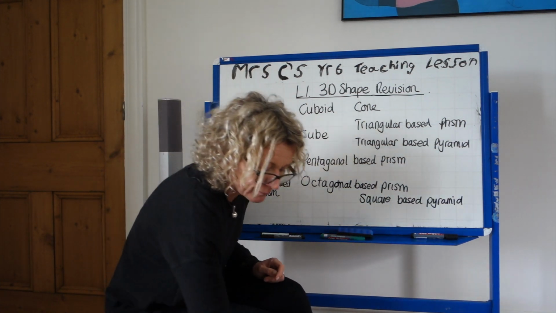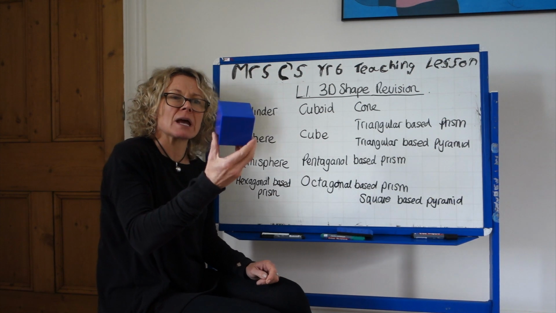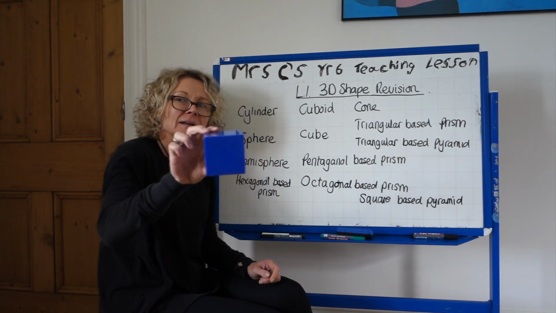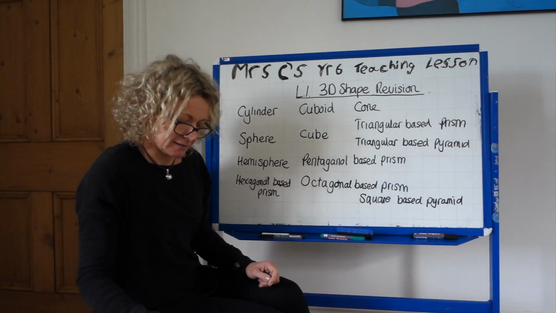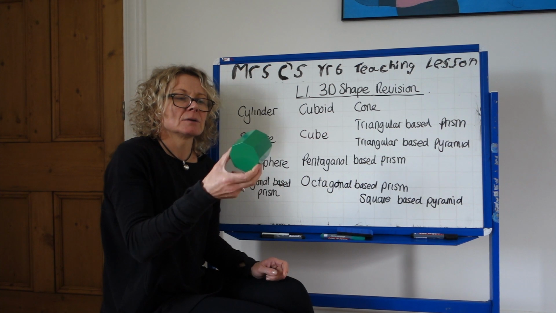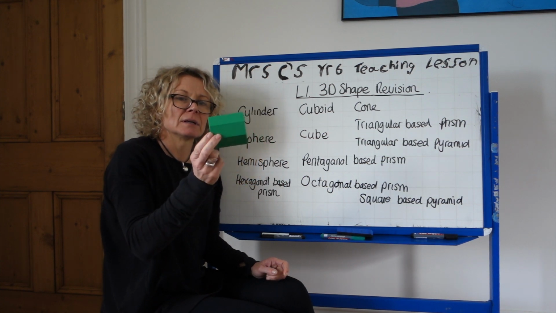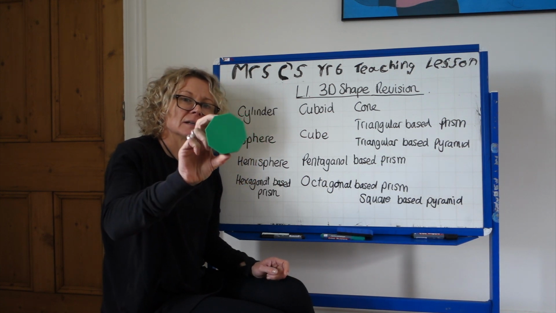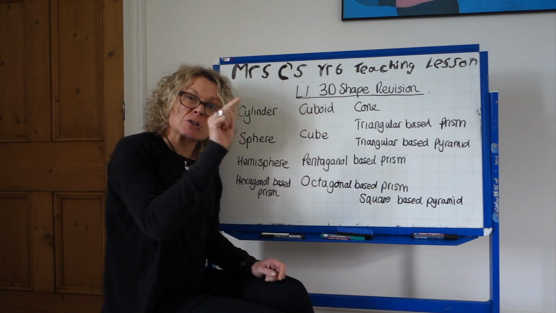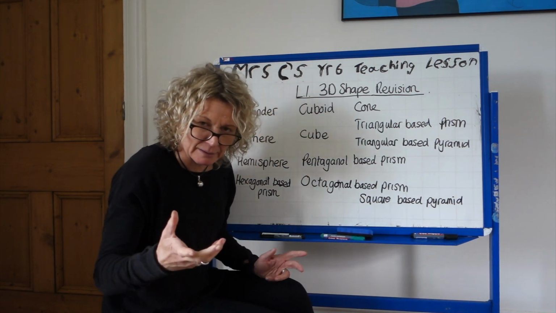So this is number 1. What shape is this? Number 2. What shape is this? If I'm going too fast for you, you just pause your video and write the answer down. That makes sense, doesn't it?